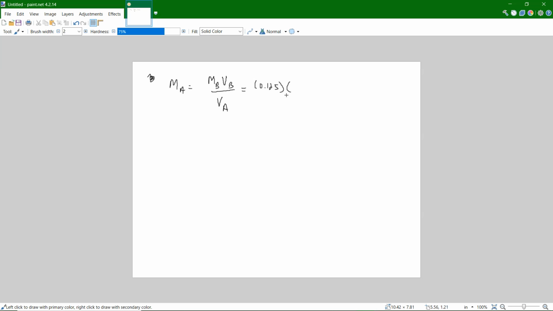The volume of the base is 38.65. And I can keep it in mL because the mL will cancel out. The volume of the acid sample is, oh, this is actually a larger sample than I would ever use, but 150. Okay, so that's fine.